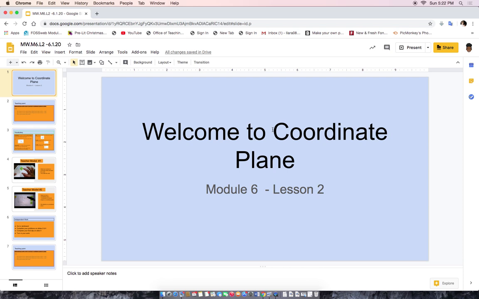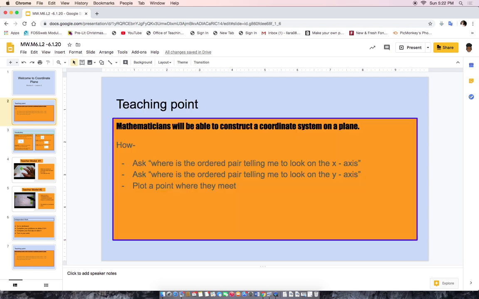So let's get into this lesson. Our teaching point is that mathematicians will be able to construct a coordinate system on a plane. How? We're going to be asking ourselves, where is the ordered pair telling me to look on the x-axis and the y-axis?